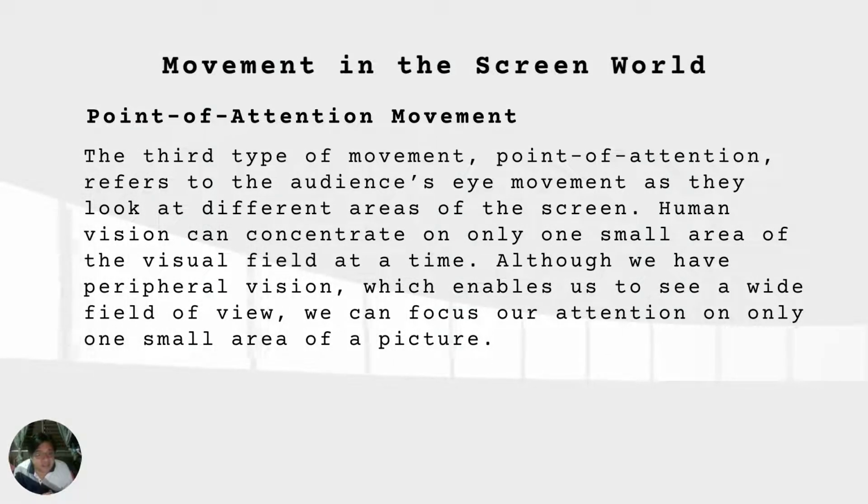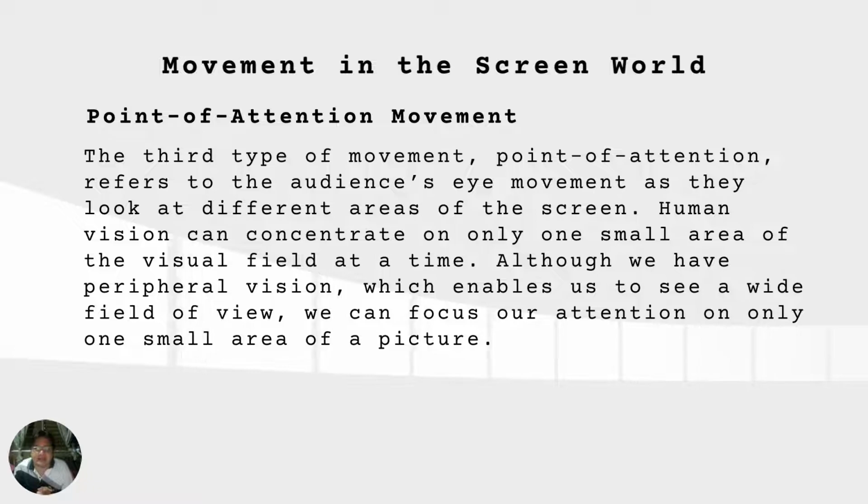The audience's eye movement as they look at different areas of the screen. Human vision can concentrate only on one small area of the visual field at a time. Although we have peripheral vision, which enables us to see a wide field of view, we can only focus our attention on one small area in the picture.